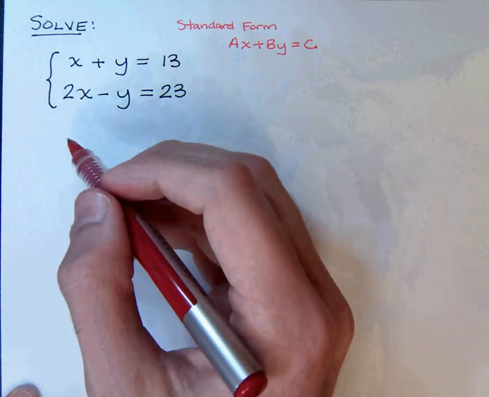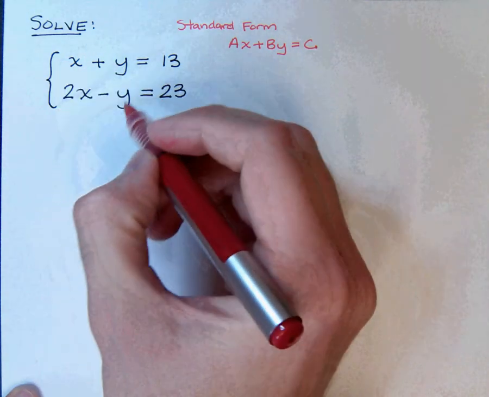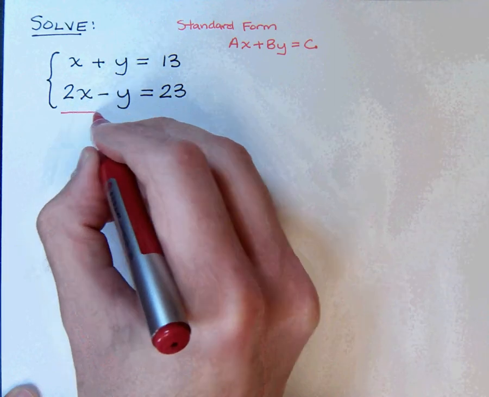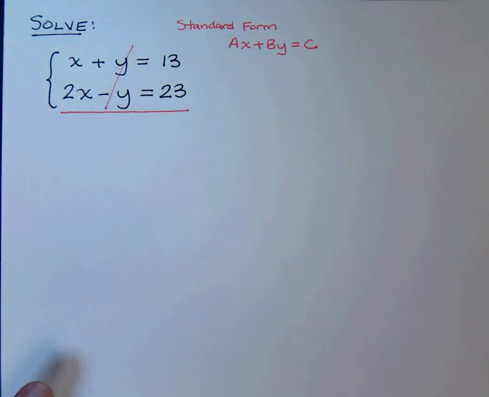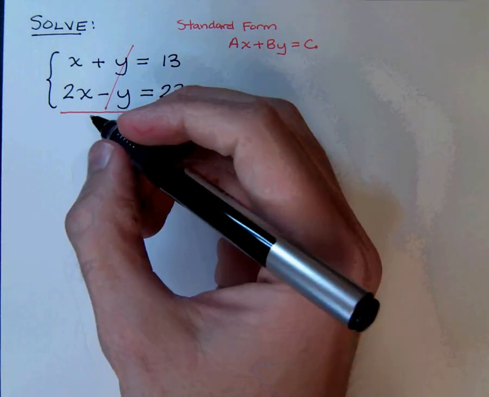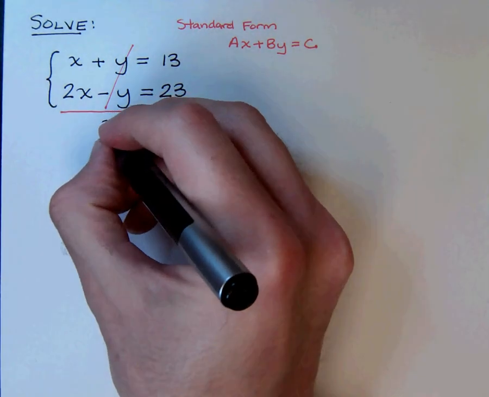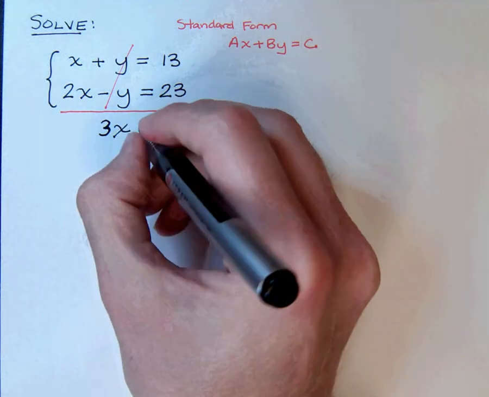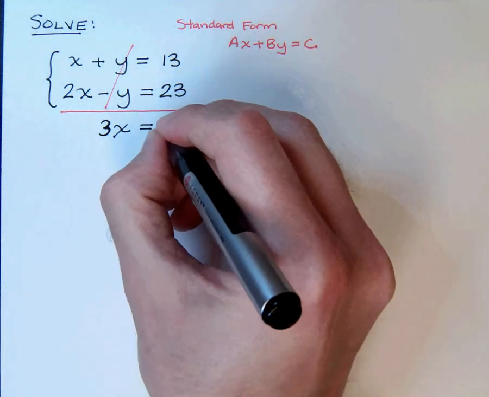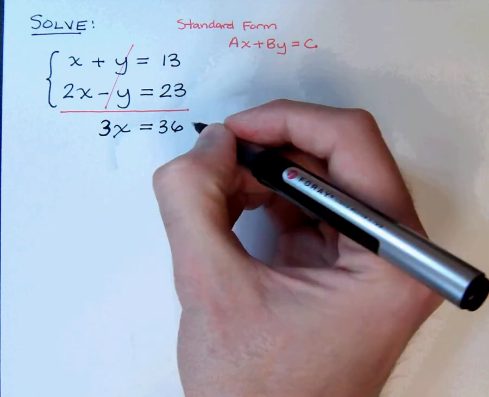Notice that if I add all the stuff on the left, immediately you get the y terms to cancel. And what that leaves us with is a nice simple equation. So when I combine all the stuff on the left, all I have is 3x, and on the right side I have 36.